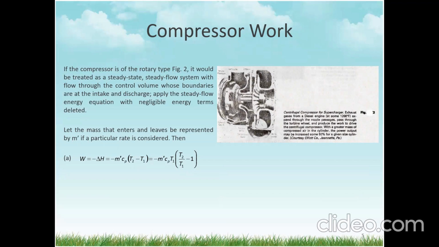Then the work is equal to delta H equal to negative m prime Cp (T2 minus T1), equal to negative m prime Cp T1 ((T2 minus T1) over T1). Okay, m prime kasi yan yung entering and leaving, kasi mayroon pang mass yan sa loob na naiiwan. Mamaya, malalaman natin yon sa clearance volume.